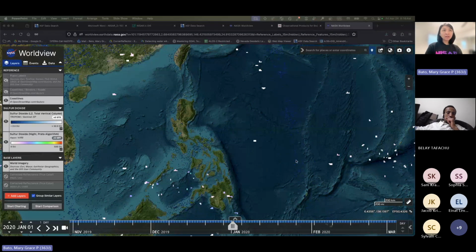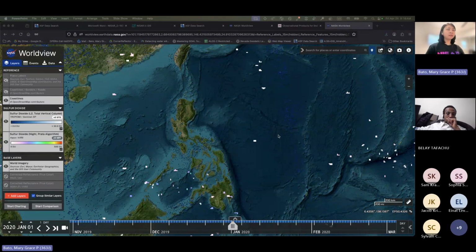So I like the Worldview or data.nasa.gov platform because it gives you a visualization platform for NASA products. The exercise I was showing earlier is to visualize SO2 emission for the Taal 2020 eruption.